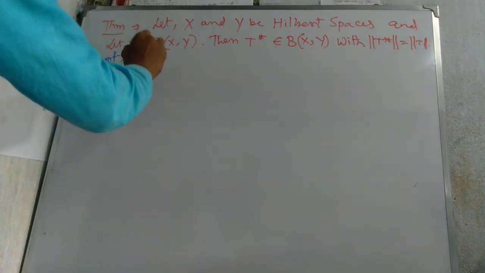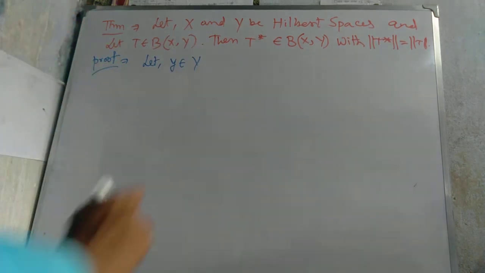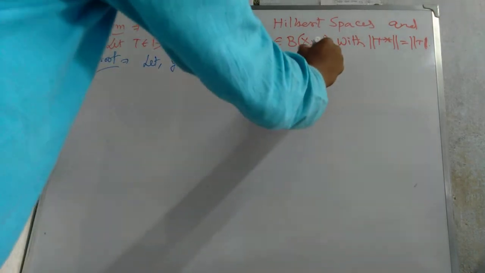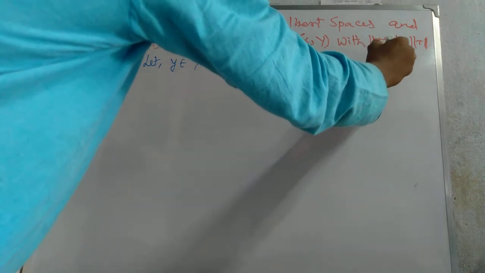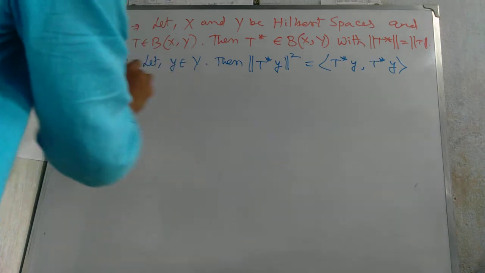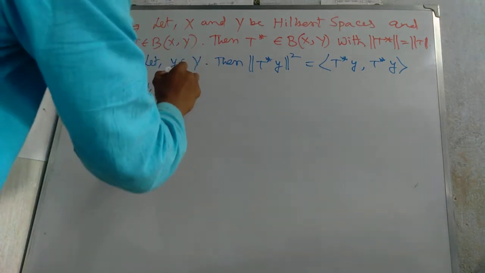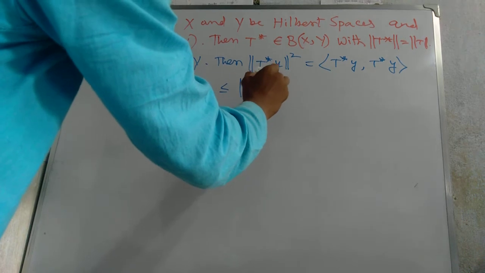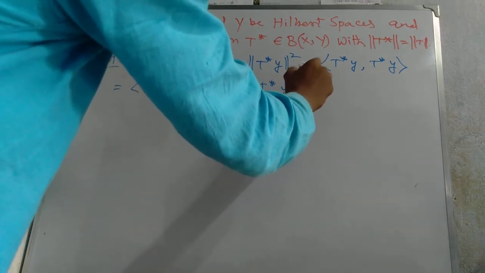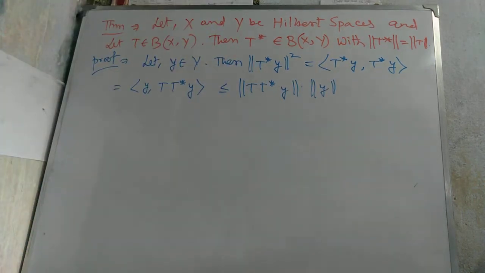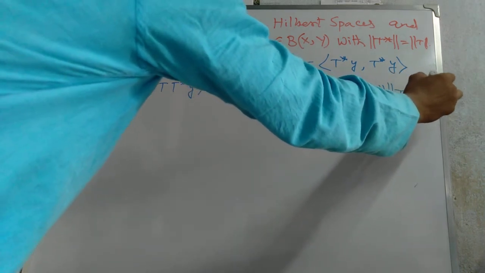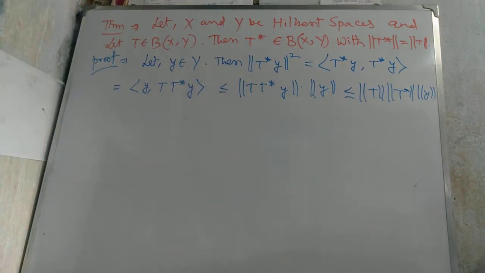Let y belong to Y. Then norm of T star y squared equals the inner product of T star y with T star y, which equals the inner product of y with T T star y, which is less than or equal to norm of T T star y times norm of y. This is less than or equal to norm T star y here and norm y.